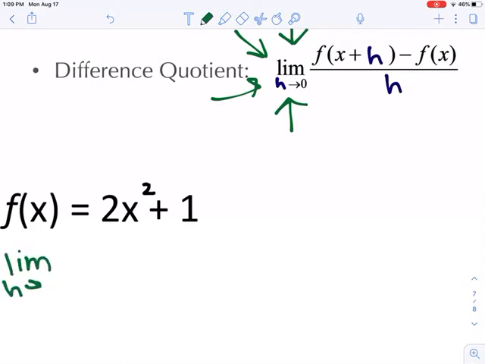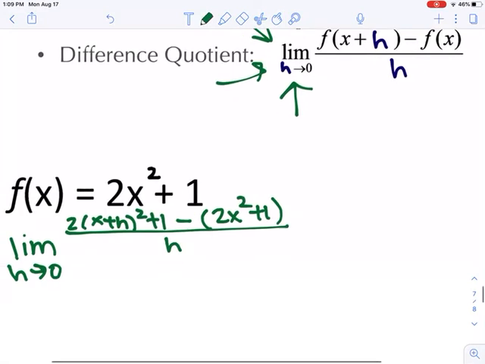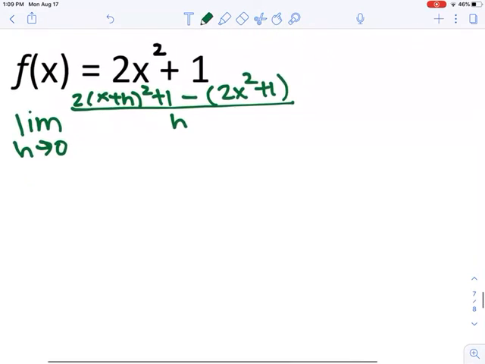Every step you do until you actually evaluate the limit, I better see the limit as h approaches 0. So we have f of x plus h minus f of x all over h. Please make sure you're putting minus f of x. That f of x needs to be in parentheses to make sure you get that subtraction carried through.